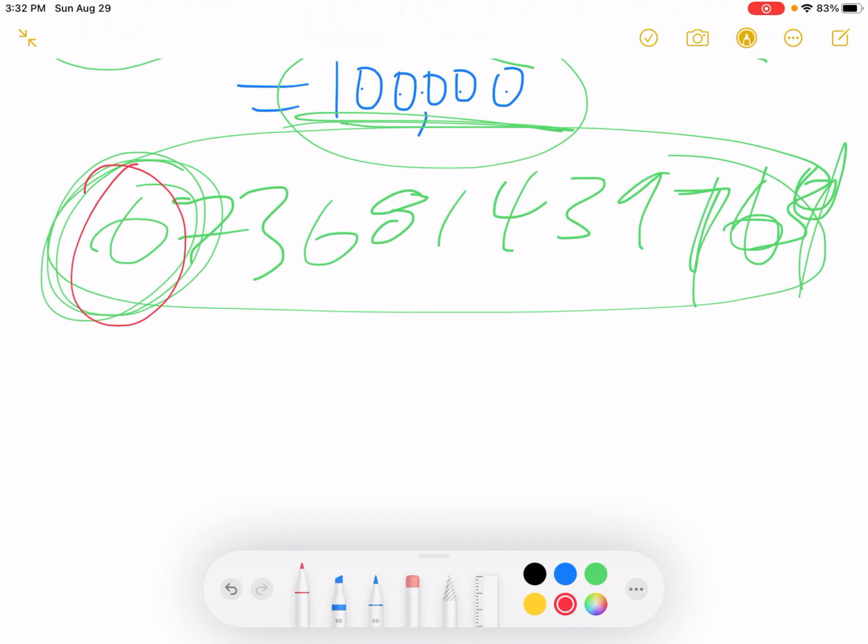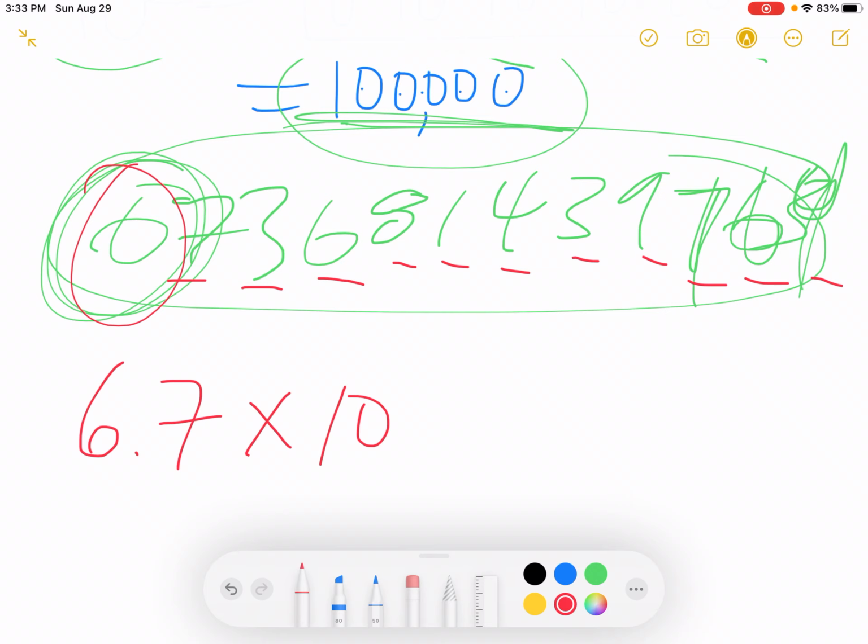Instead of writing this number, which is huge, and we could even have much bigger numbers, instead of writing that out and trying to talk about that, we can say that's about 6.7 times 10 to the, and then we figure out how many numbers are after the 6. So there's 1 digit, 2, 3, 4, 5, 6, 7, 8, 9, 10, 11, and we write it like that. So we go 6.7 times 10 to the 11.